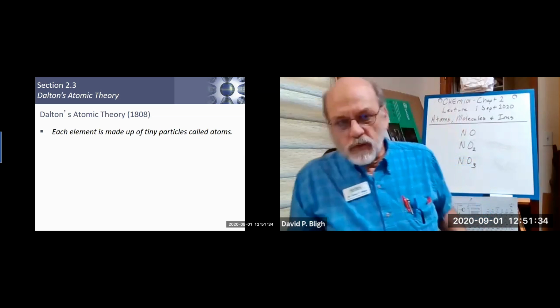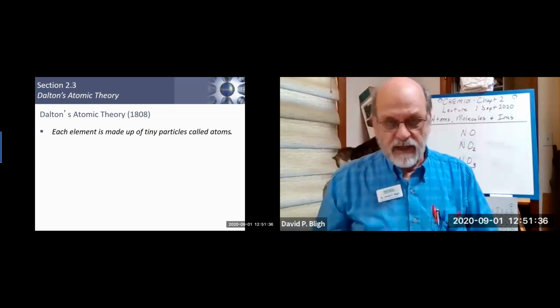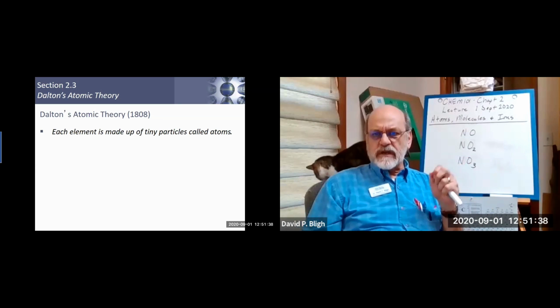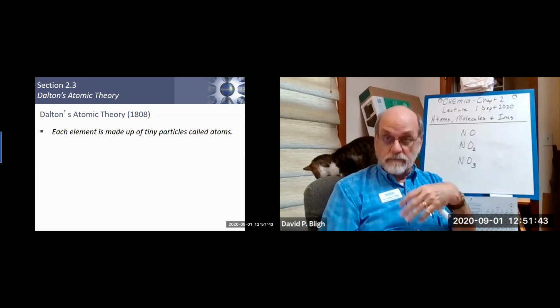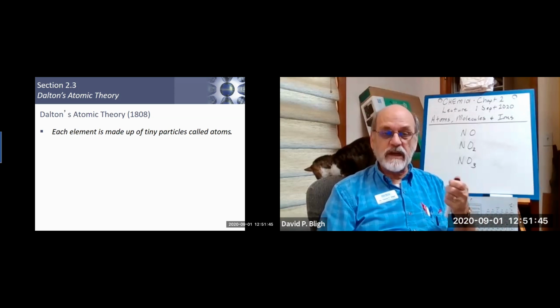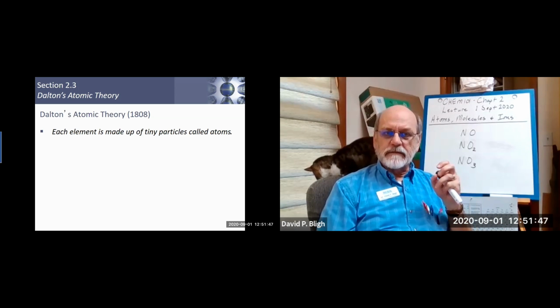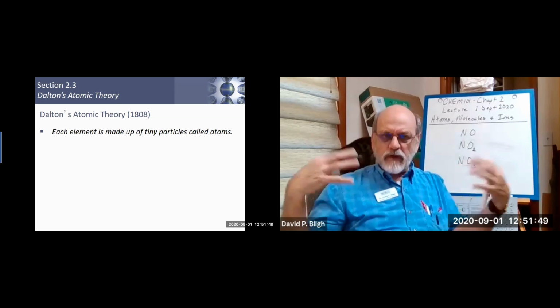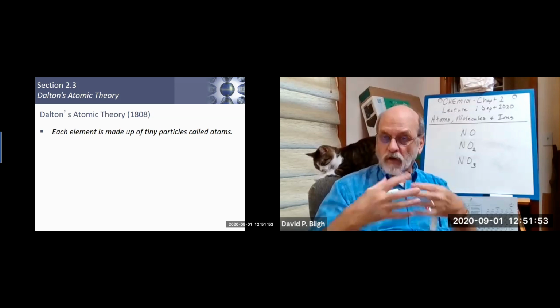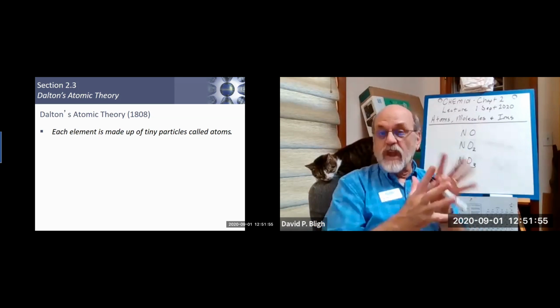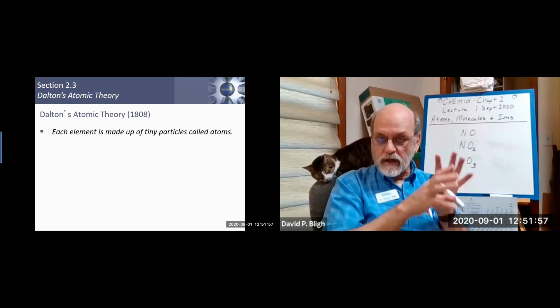Okay, so Dalton was pretty busy, and by the time the 19th century began, early 1800s, Dalton had gathered all this information together and was proposing a reason for these laws. Why do these laws work?